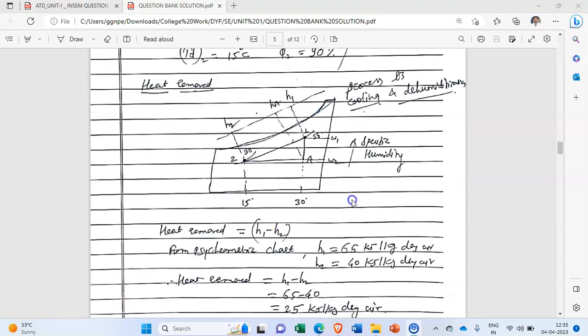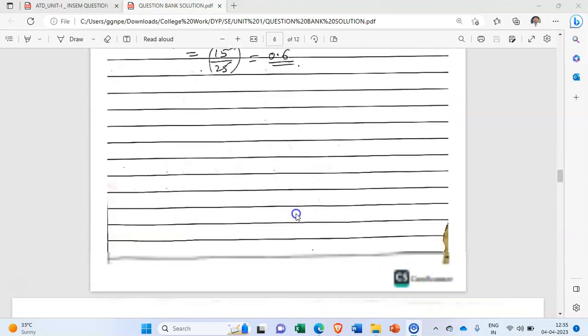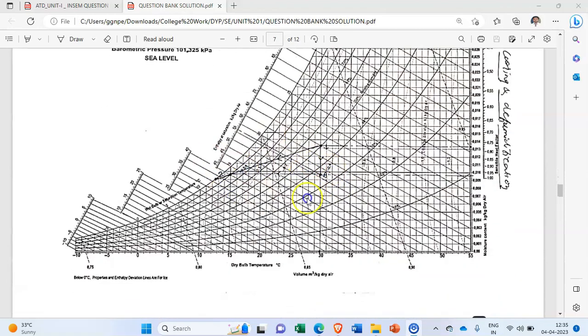But for that, understanding the psychrometric chart is very important: how I have plotted point number 1, point number 2, and point number A, and from those points how I have calculated the values of H1, H2, W1, W2. The inclined lines indicate the relative humidity.